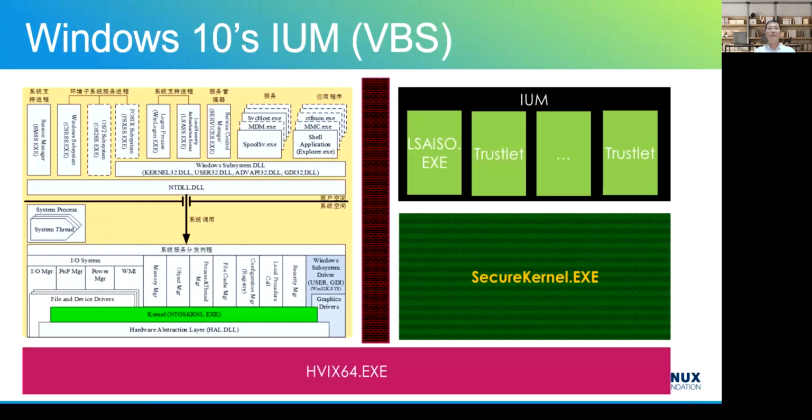And for Windows 10, Microsoft introduced a feature called isolated user mode, also called virtualization-based security. If this feature is enabled, the Hyper-V hypervisor will run. And above that, Windows 10 is running, and there is also another special secure kernel running on top of the hypervisor.